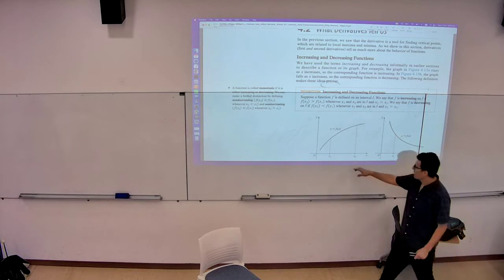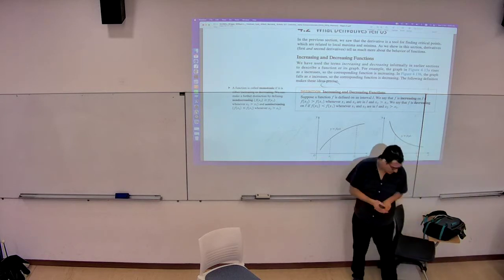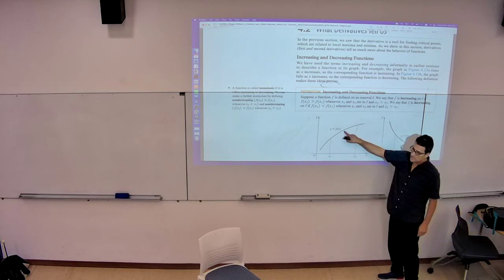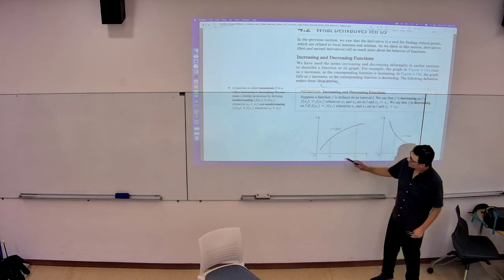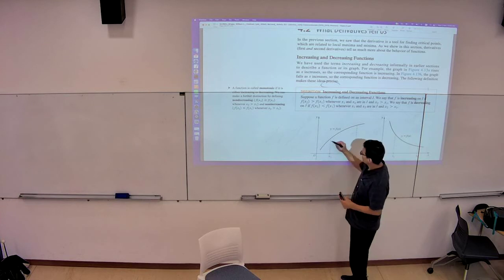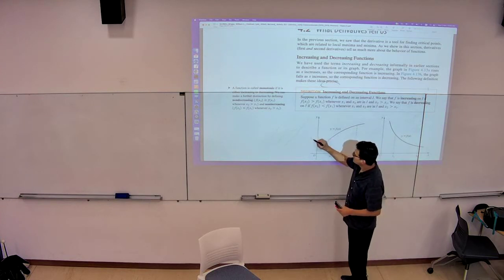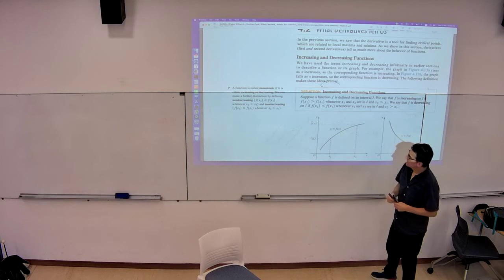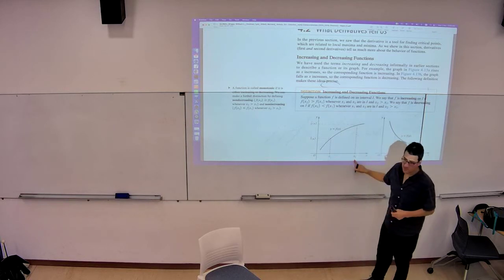Fix 2 points, x1 and x2, in the domain of a given function y equals f of x. If f of x1, which is this point down here, is less than f of x2, which is this point up there, whenever x1 is less than x2, then we say that the function is increasing.